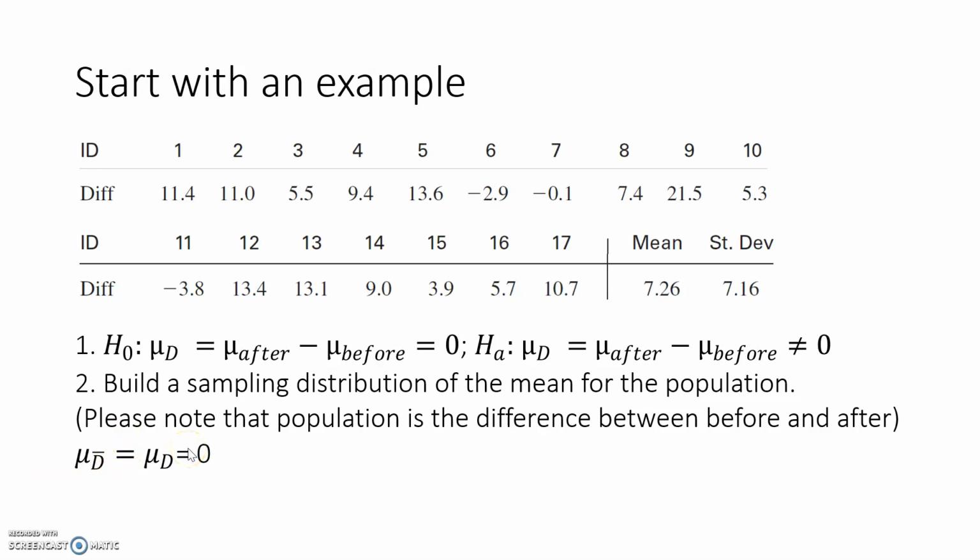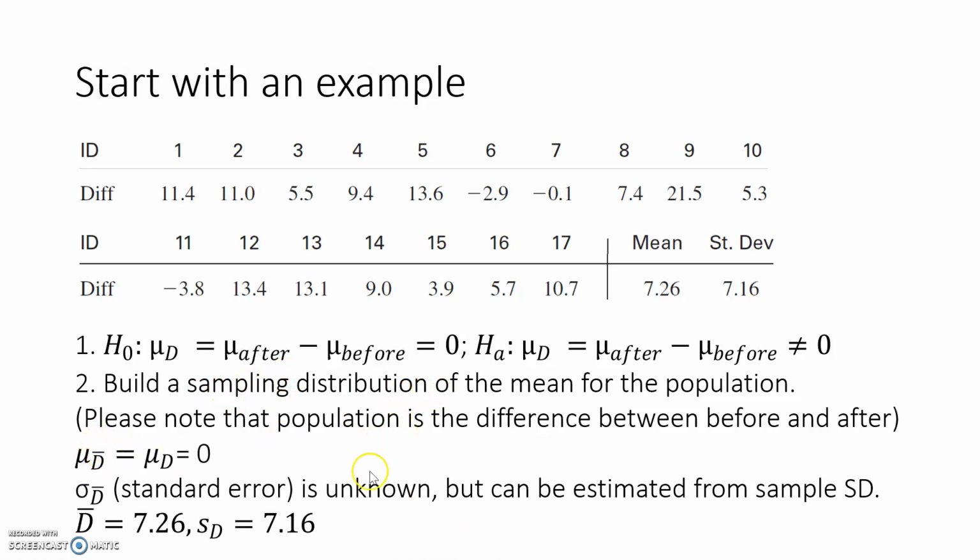So the mean for this sampling distribution will be equal to the population's mean, which is 0 because we assume there is no effect of this stats class, and we expect no change between people's before and after test. So the difference score would be 0. And the standard error for this sampling distribution, okay? So we are going to use our sample's SD to estimate this standard error.